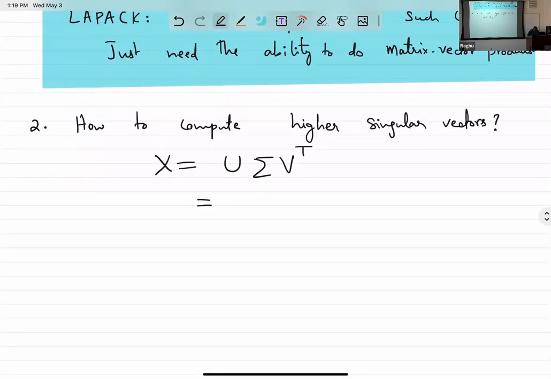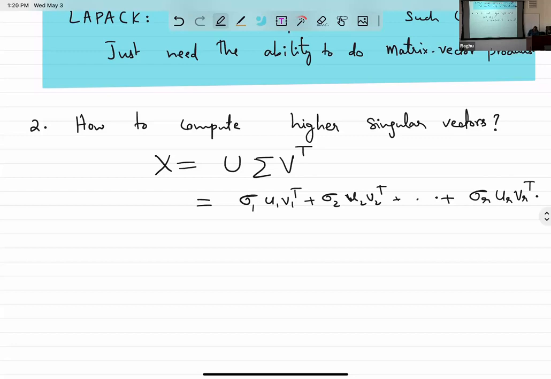So let's go back to the singular value decomposition, right? We said we have something like this. Let's say someone gave you the first singular vector, what would you do?